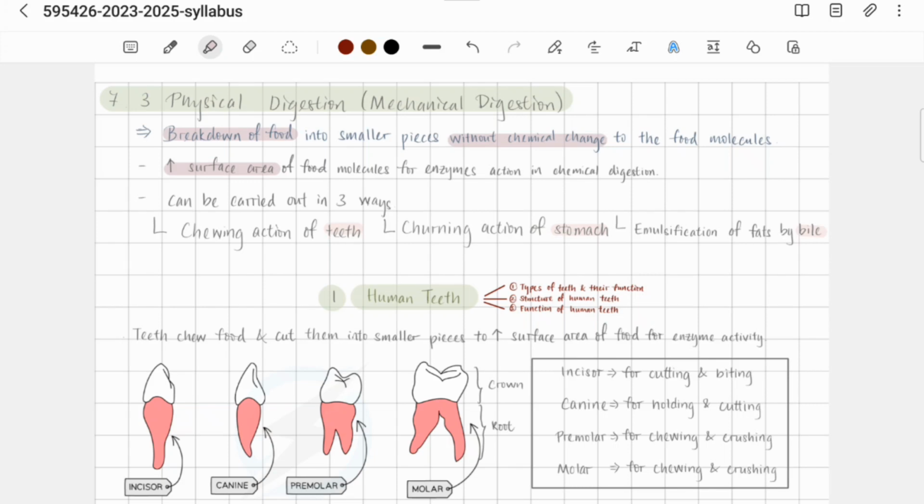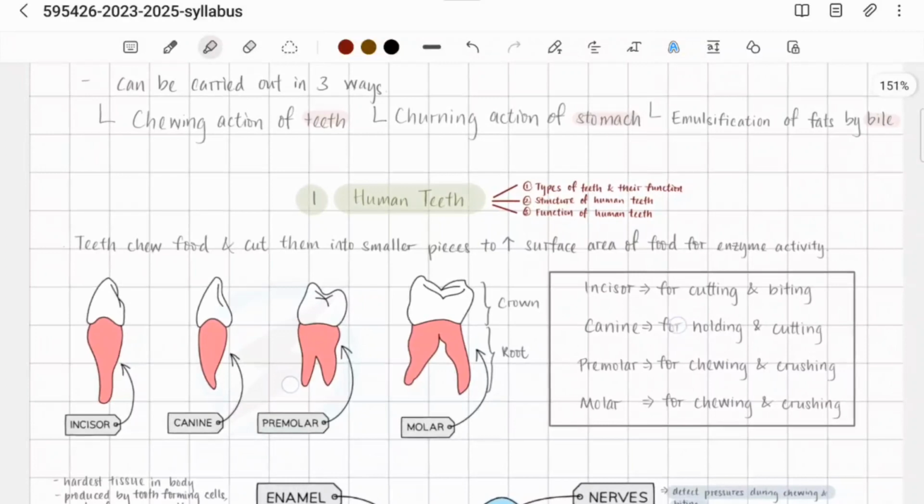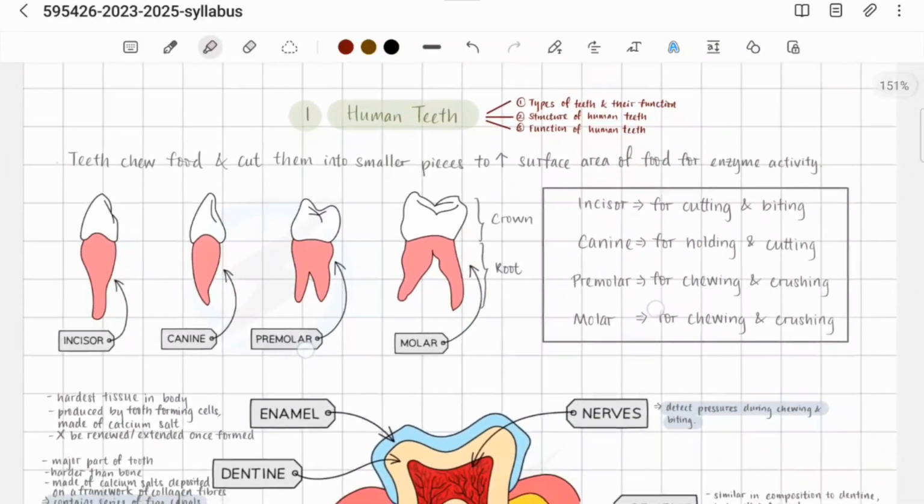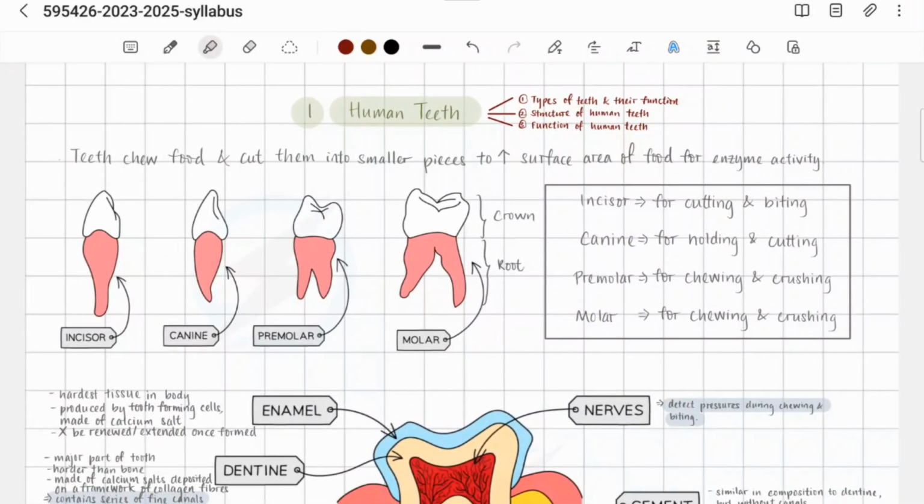So now we learn the first one first, the chewing action of the teeth. For the human teeth, you have to learn 3 things. One is types of teeth and their function, then the structure of the teeth, and third, the overall function of human teeth.